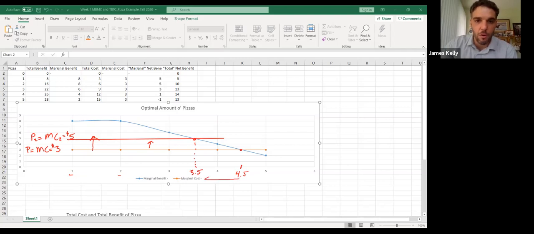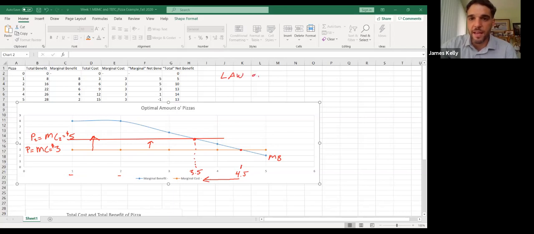Because we have diminishing returns, which leads to a downward sloping marginal benefit curve, as the price increases, the consumer is going to decrease their quantity demanded. What's happening is essentially the law of demand.